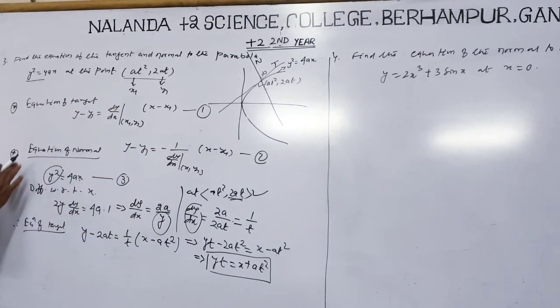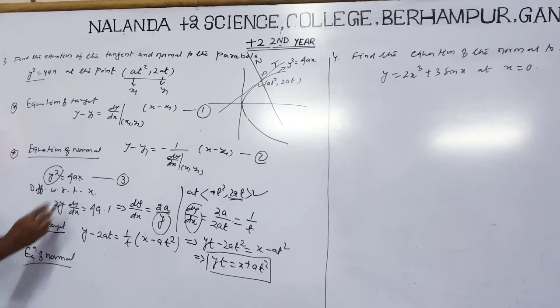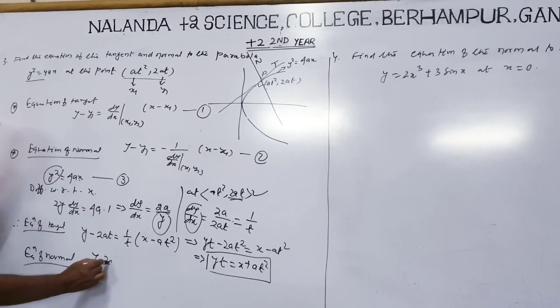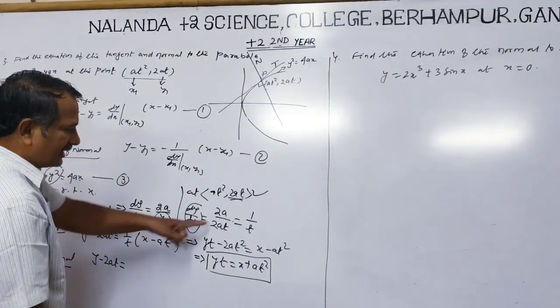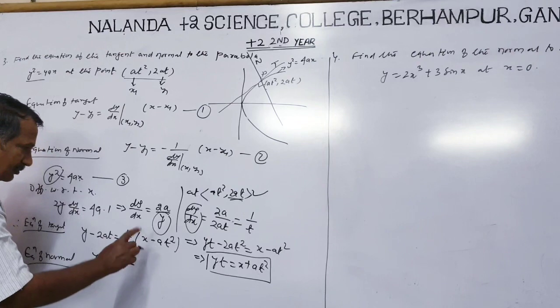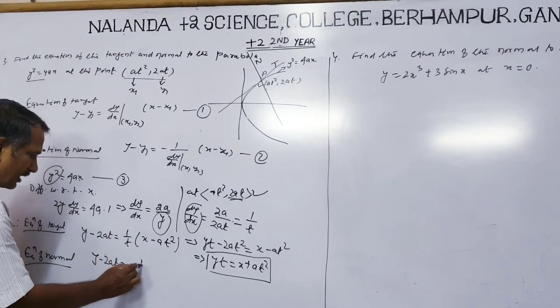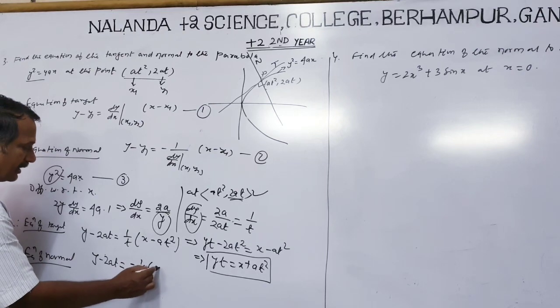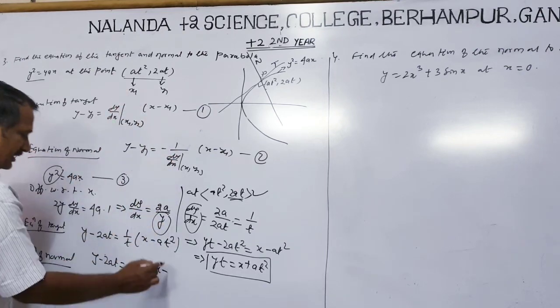Next, the equation of normal. Use the formula y minus y1, y minus 2at equal to minus 1 by dy by dx, that is minus 1 by 1 by t, so you can write minus t, into x minus x1, at square.